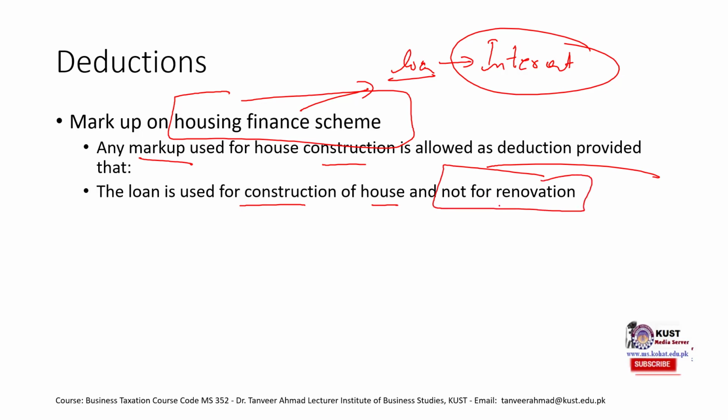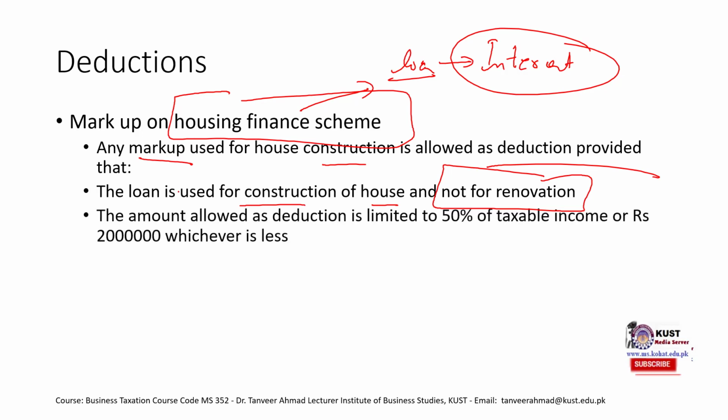We can get a loan to renovate our house, but the interest paid for that loan would not be deductible. The interest only for the construction of a house is deductible. The amount allowed as deduction is limited to 50% of taxable income or 2 million rupees, whichever is less, right?